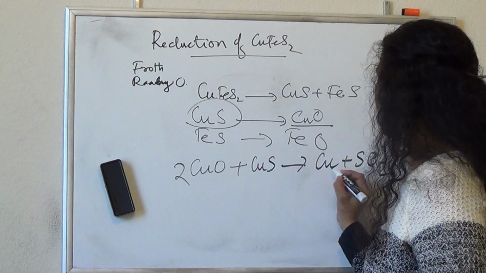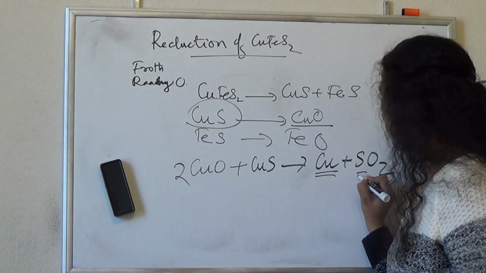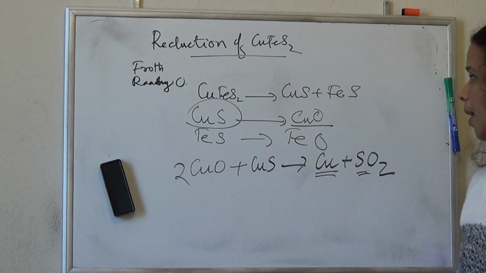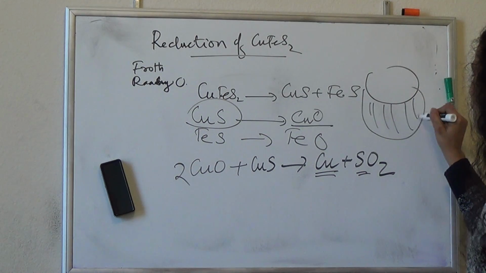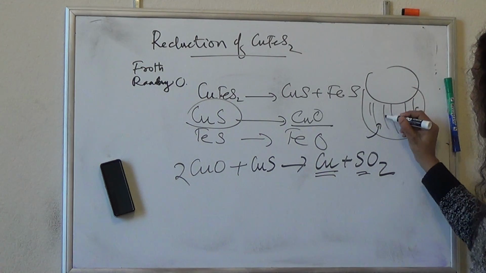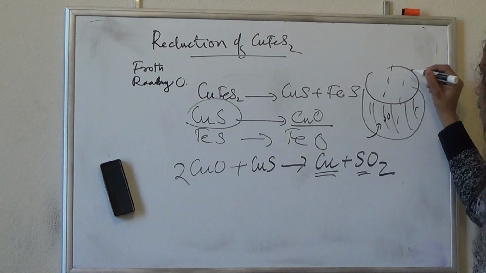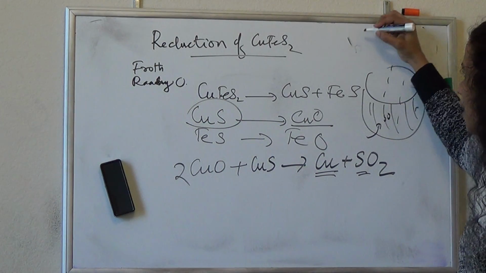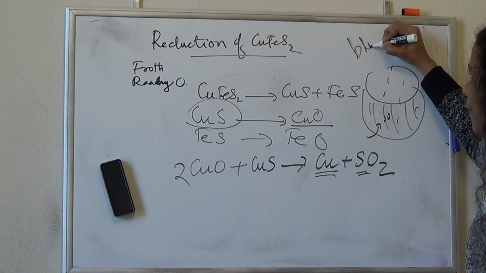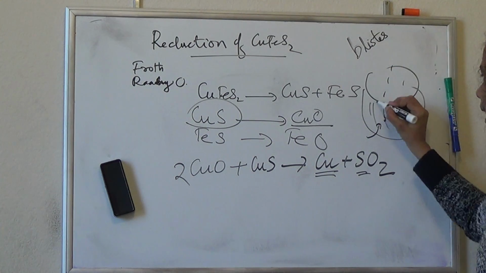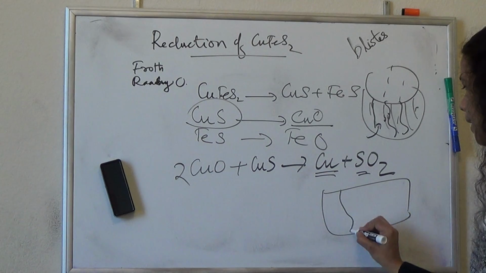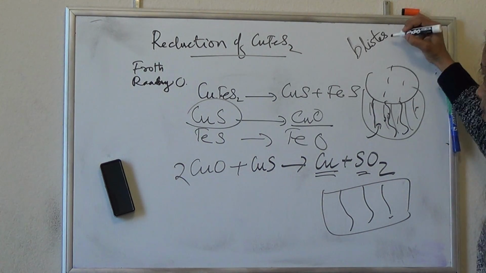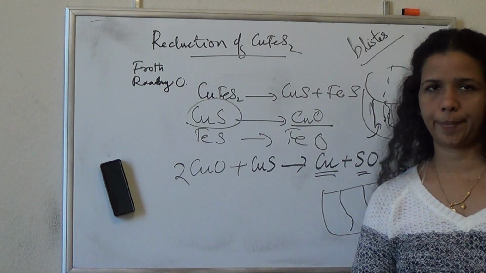In the converter, copper will be in molten form, and the sulfur dioxide escapes through the molten copper. On solidifying, it forms many blisters in the copper block obtained. So the obtained copper is called blister copper.